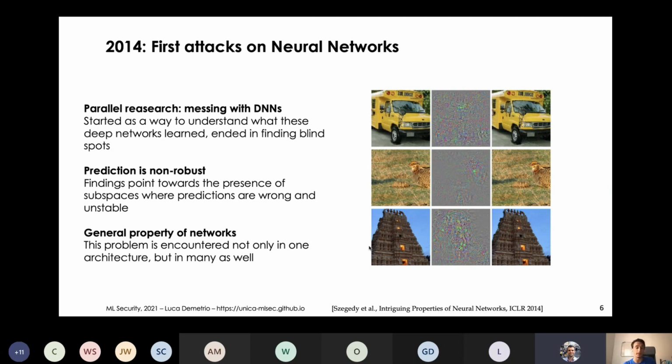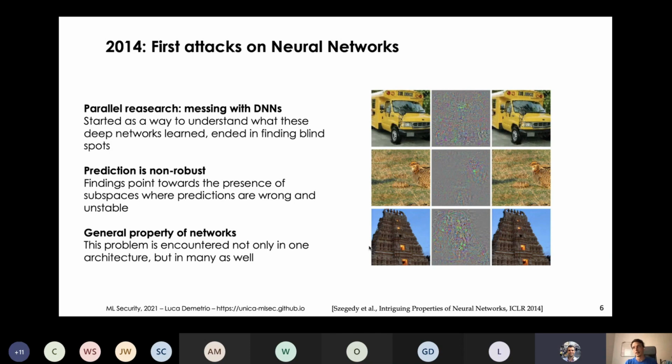And what happens is that they found these intriguing properties of neural networks where the prediction was not robust anymore. Not only that, they also found that basically all of the networks they tried were affected by this strange behavior. So this is not exactly an adversarial attack.